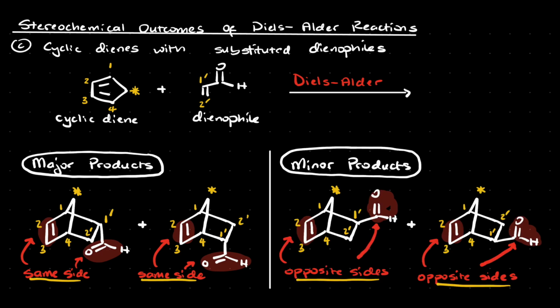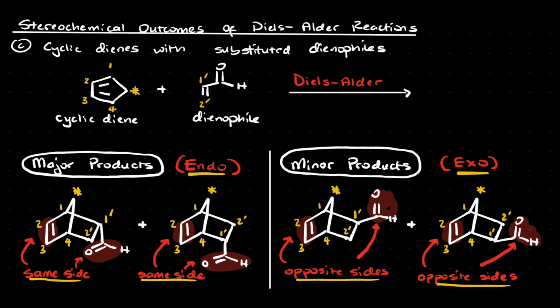And here are the minor products. So in the minor product, the dienophile substituent ends up on the opposite side of the product pi bond. So let's just go ahead and define these two stereochemical relationships so that we can then use it to understand why we actually get this stereochemical preference.